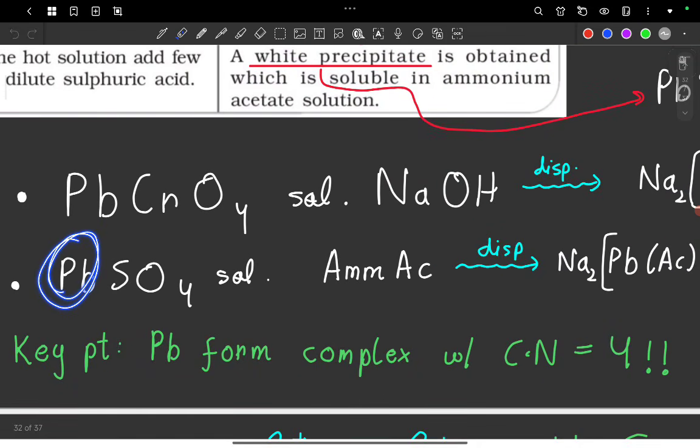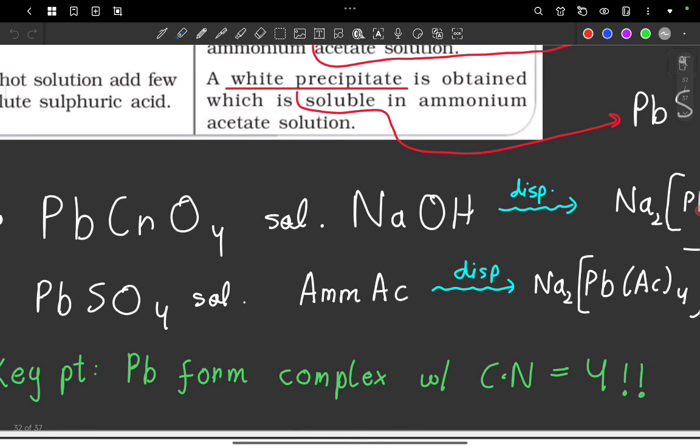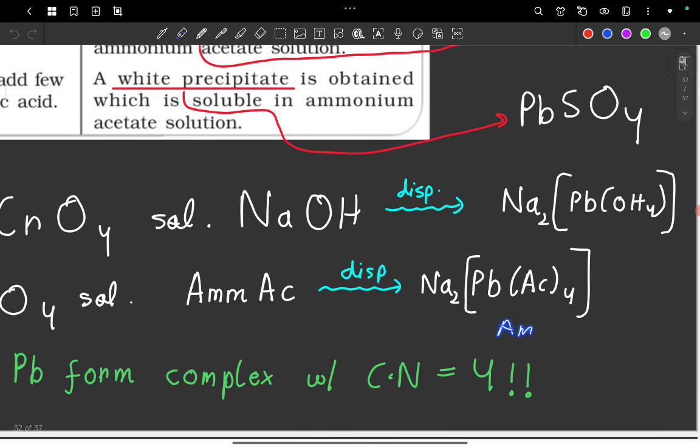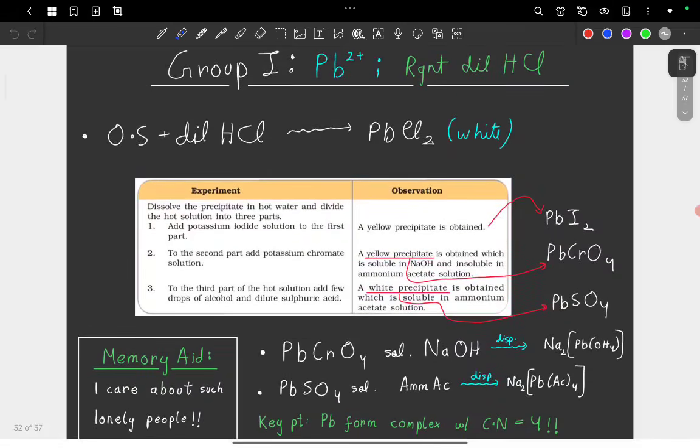The four coordination number complex is formed. What is the anion here? It is acetate. So lead will steal 4 acetate from here, and 2 of this ammonium is going to stabilize. Like in the stoichiometric reaction, the coefficients are 4. So 2 of these ammonium will stabilize the complex as spectator ions, and 2 of them will take care of the sulfate ion and form ammonium sulfate. Okay, take a moment and note this down.